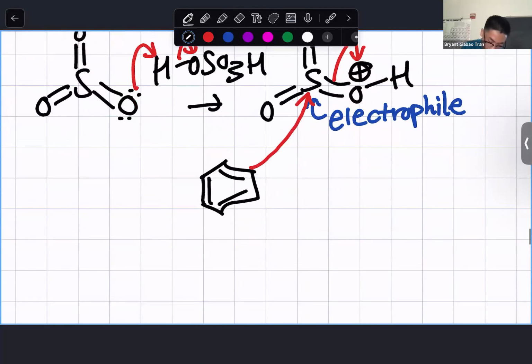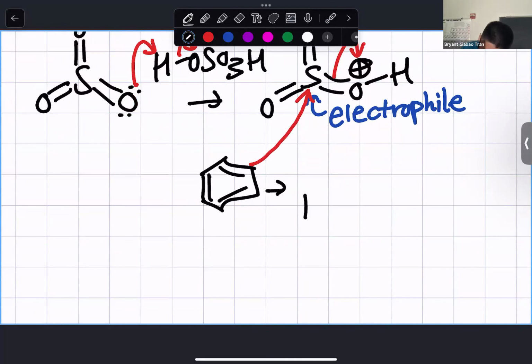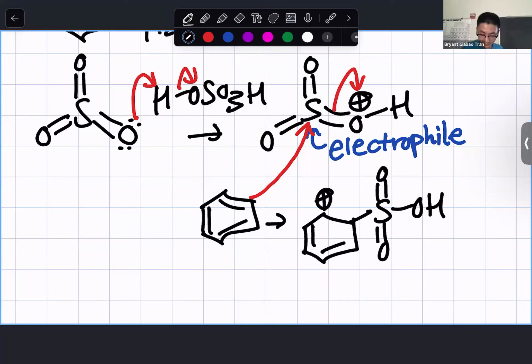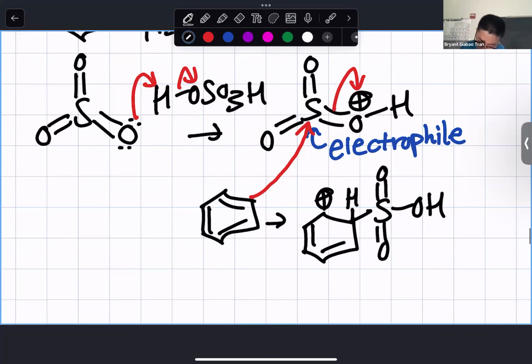When we do that, we are going to get this SO3H group right there, where the final step is to reform the aromatic ring using the conjugate base HSO4 minus.